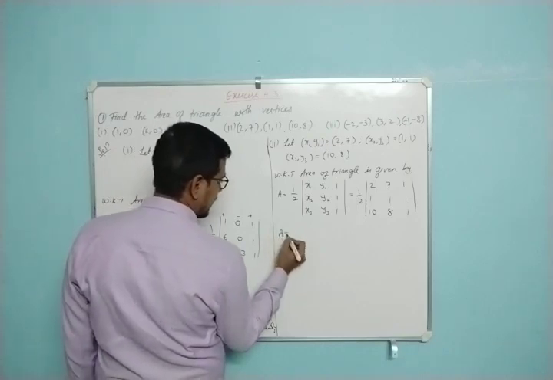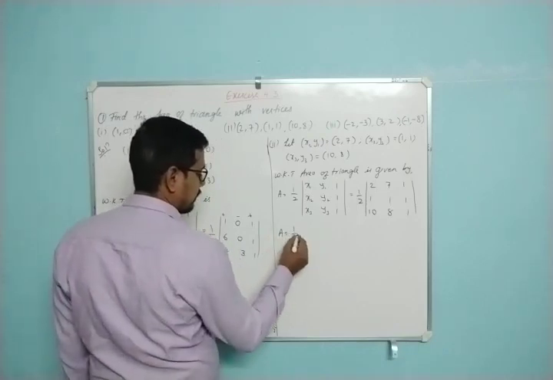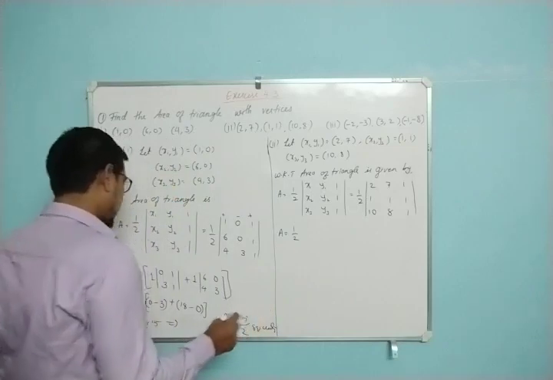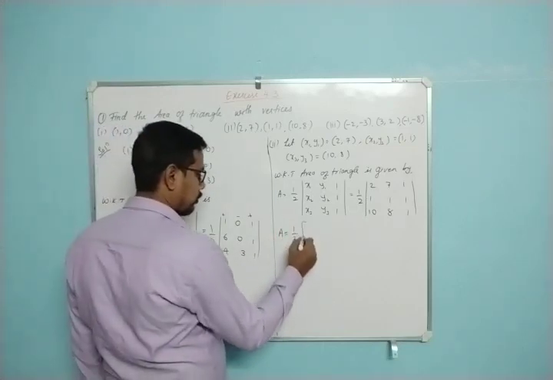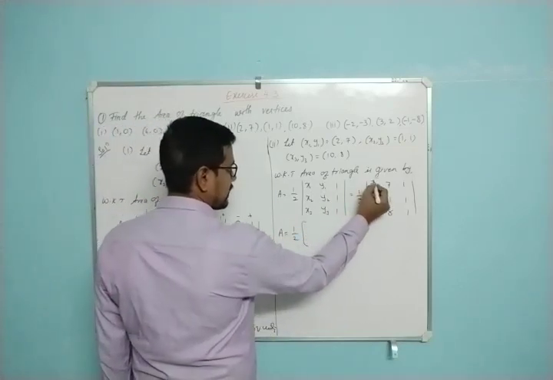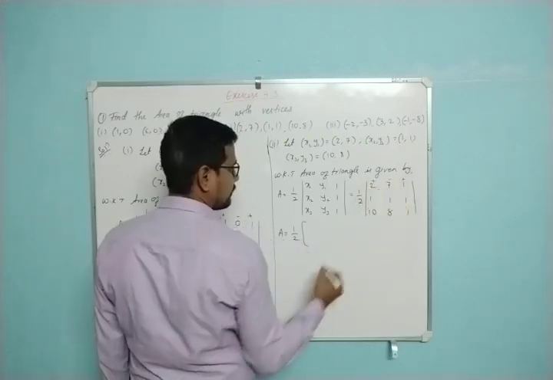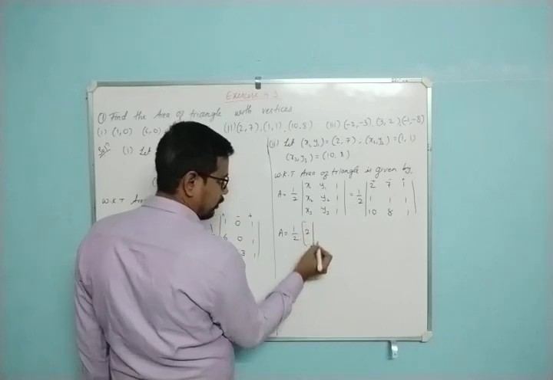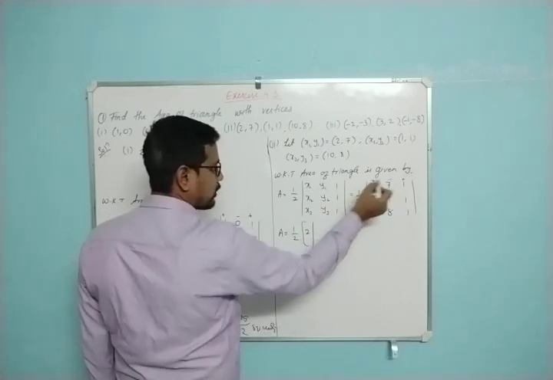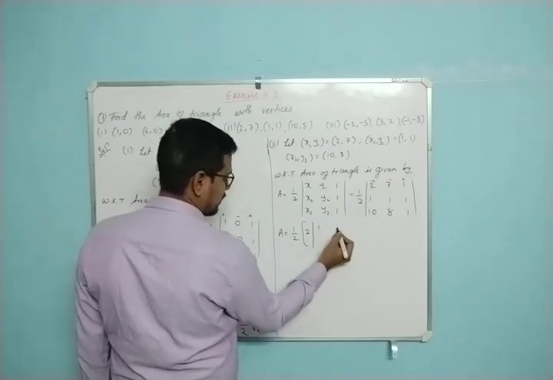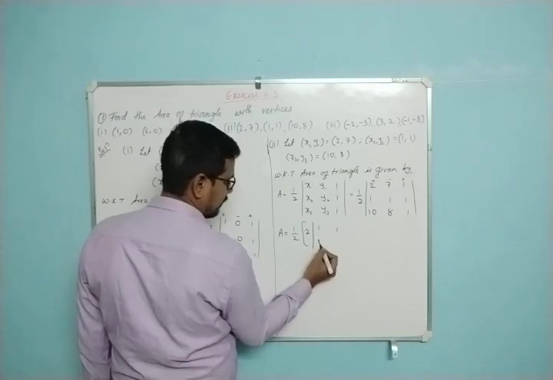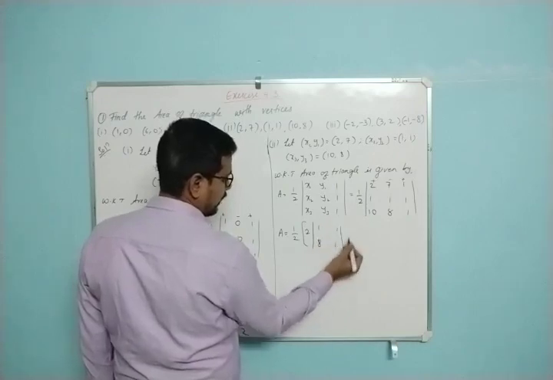So here the area is half into, expanding through the first row, with signs plus minus plus. 2 into, leaving the first row and first column, what remains is 1 1, 8 1.